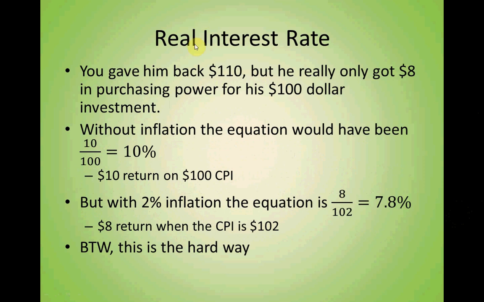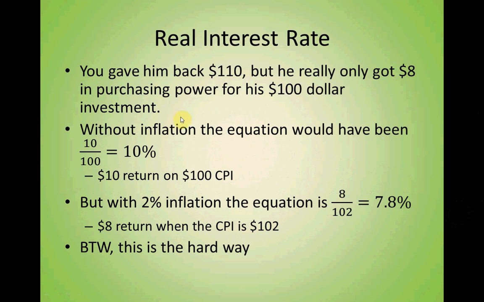The real interest rate. And this is, by the way, what 4.2 is. This is the entire gist of it right here. So the real interest rate. You gave him back $110, but he really only got $8 in purchasing power for his original $100 investment. So he did get some return on investment, but it was not the original 10% that you and he were probably figuring was going to work out.